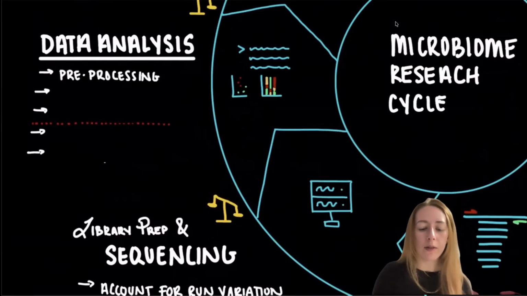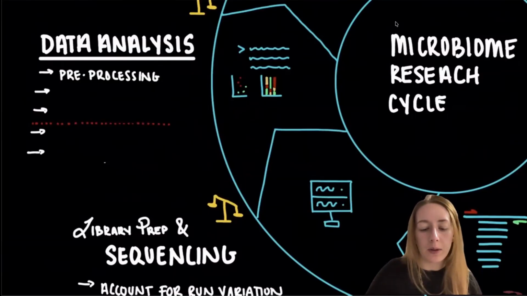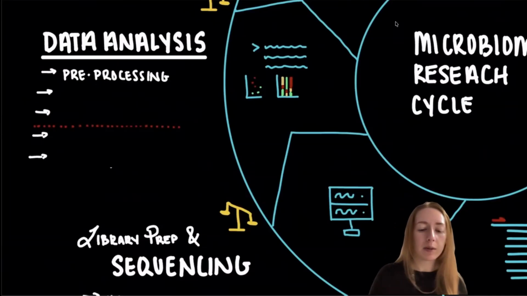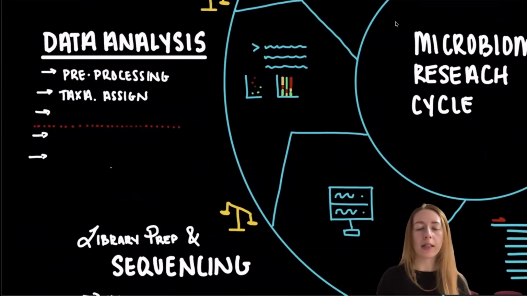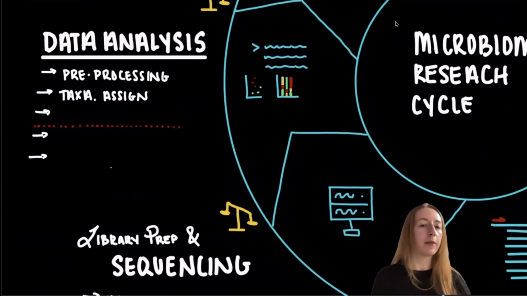Okay, so there's also data analysis now. And then an overview is that we want to pre-process, turning those signals into sequences and cleaning up those sequences, basically assigning taxa. So assigning, okay, in this sequencing read, this means it's that microbe or that type of microbe, right?